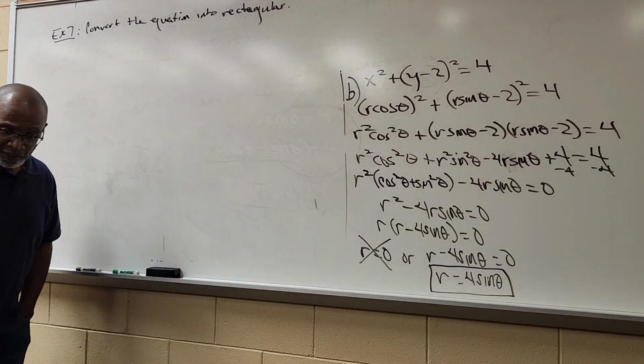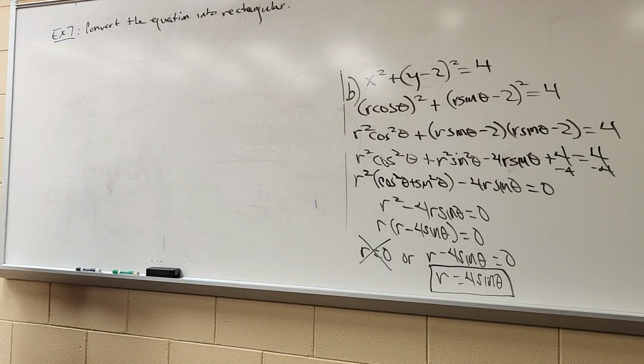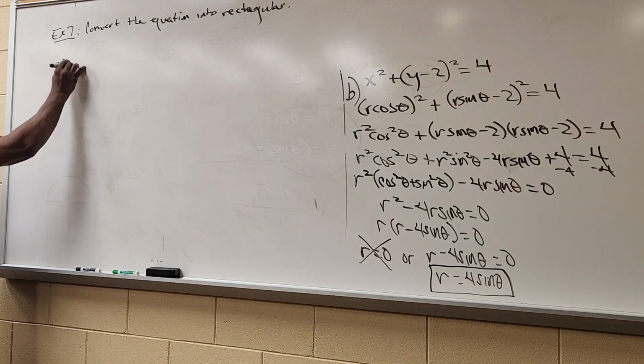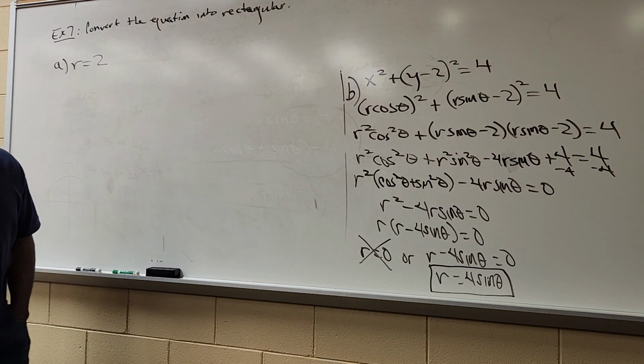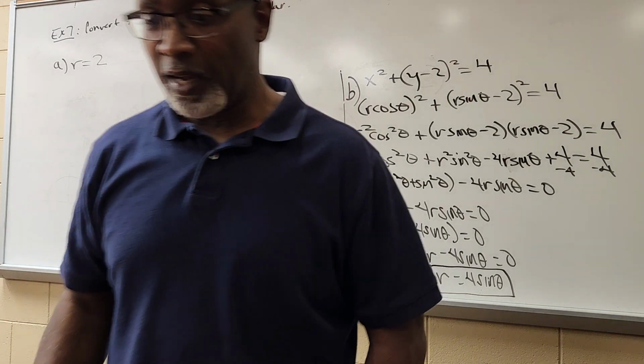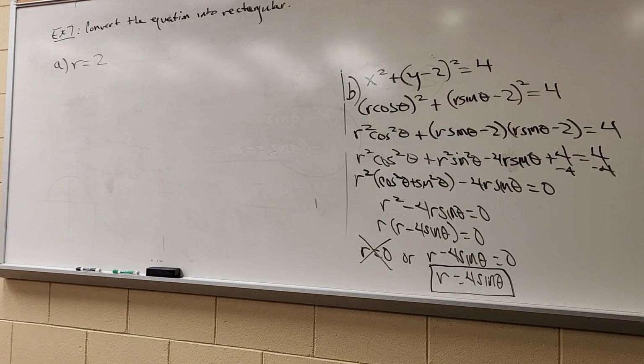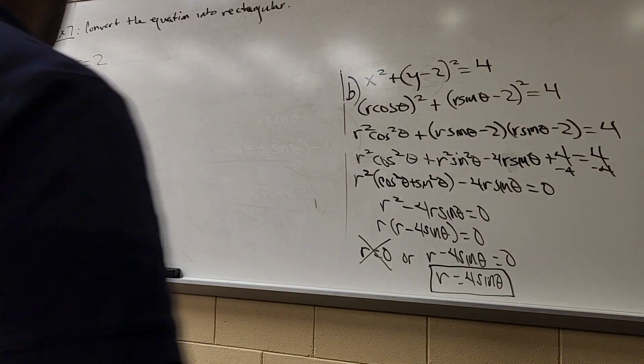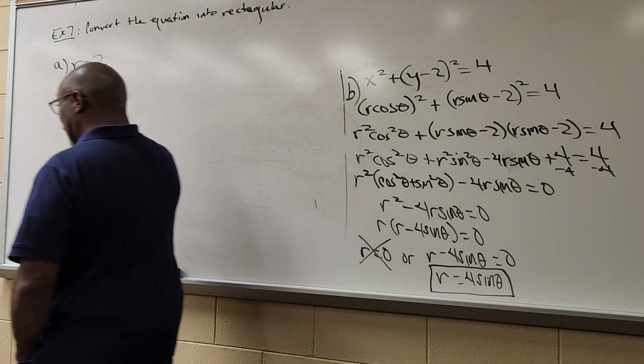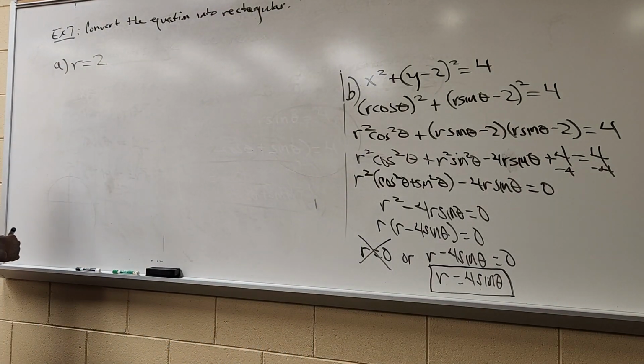Okay, so A says r equals 2. That's obviously an equation that's in polar form, r equals 2. All right, well again, I had those 4 relationships I wrote on the board.